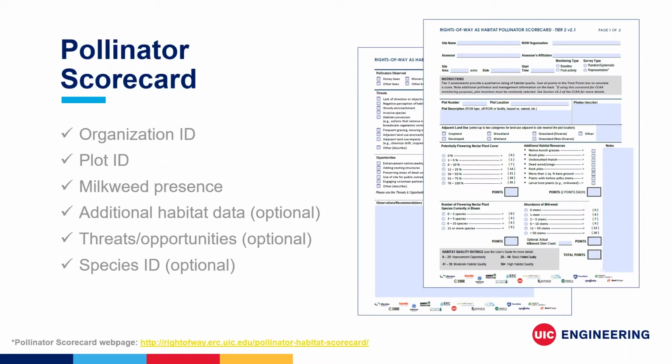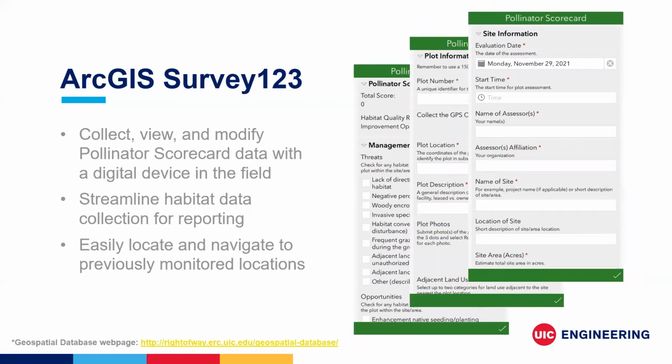Here we see a PDF version of the Pollinator Scorecard. For a more in-depth introduction, visit the Rights of Way as Habitat Working Group's Pollinator Habitat Scorecard webpage. In addition to a PDF version, the scorecard is available on your phone, tablet, or desktop via the ArcGIS Survey123 app, a free mobile app from Esri.